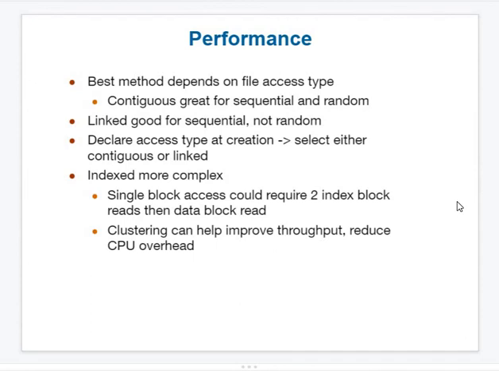That will give us the performance. Not all the time is contiguous allocation and retrieval best, or indexed best, or linked best. It depends upon the type of data we are storing and how we are going to fetch it in the future. Okay.